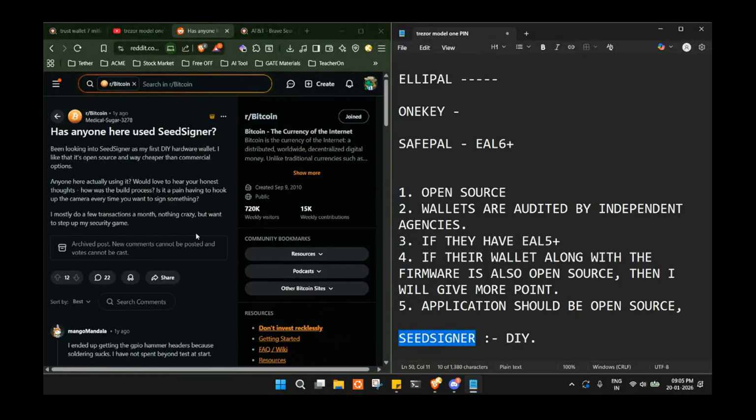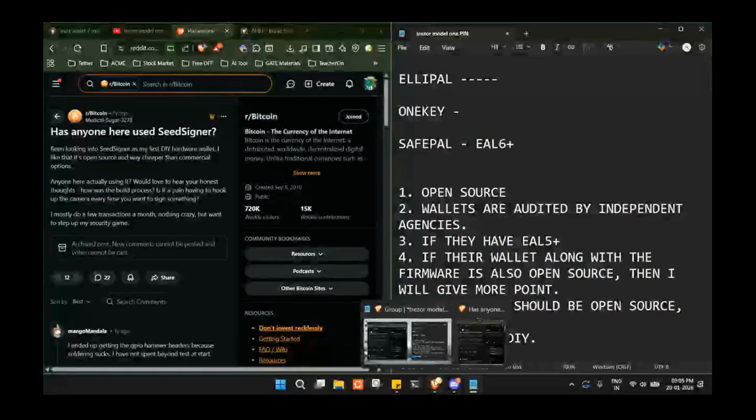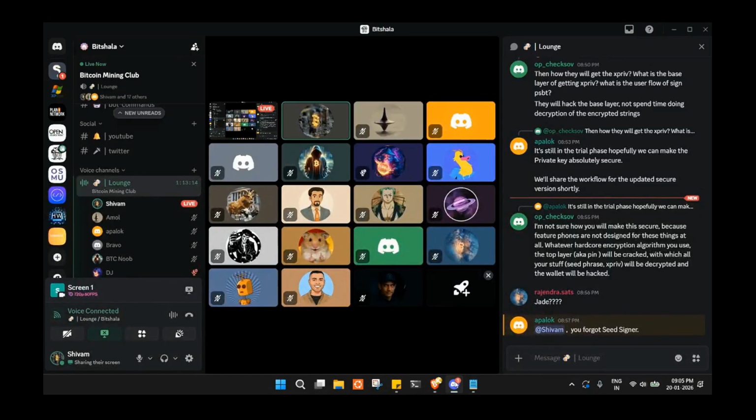Shivam, in SeedSigner, even though maybe some of the components might not be open source, because there is no Wi-Fi and Bluetooth reachability, do you still see a threat vector for that? I still see that, because I believe in a different methodology.